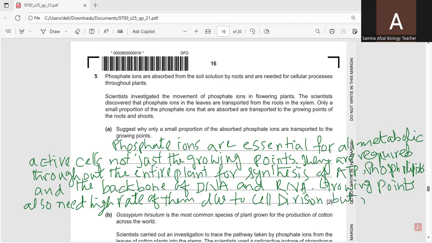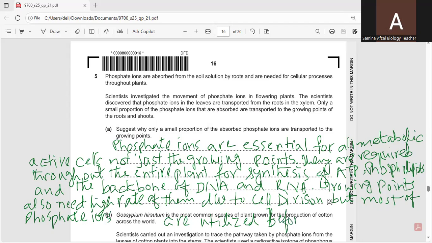But most of the phosphate ions are utilized before reaching the growing points, due to their high demands everywhere. So this can be the reason. This is my suggestion.